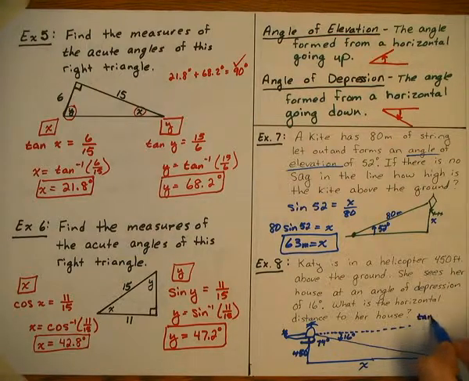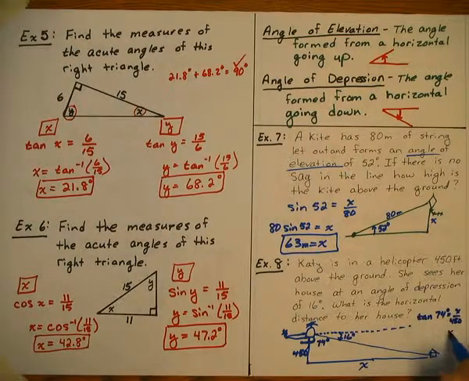That is going to give us tangent of 74 degrees equals x over 450. So x equals 450 times the tangent of 74, which comes out to be 1,569.3 feet.